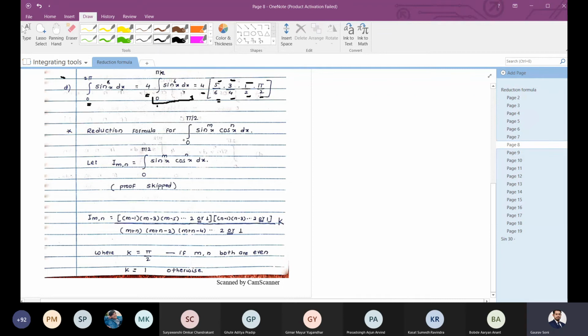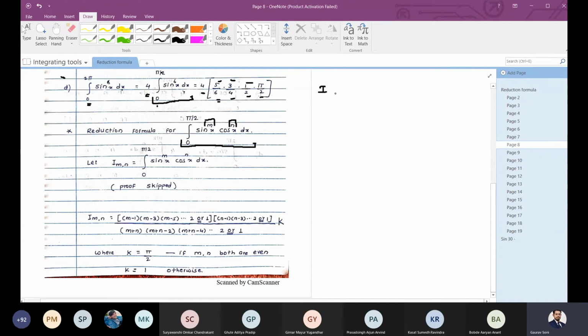The next case is for the combination sine raised to m cos raised to n. So you have two powers here now, m and n. I'll just give you the outline of the proof.